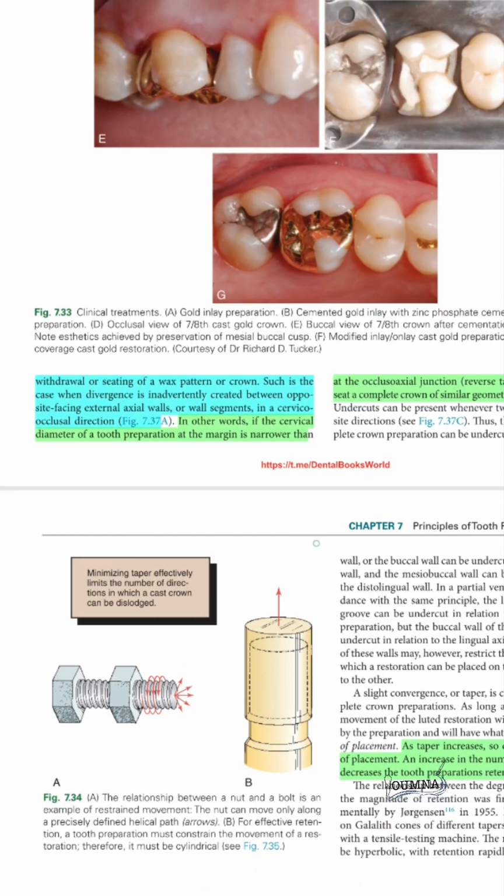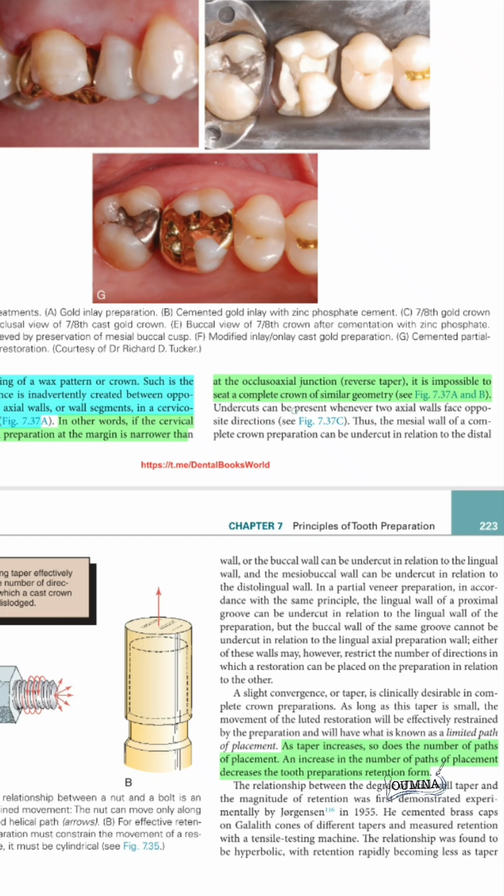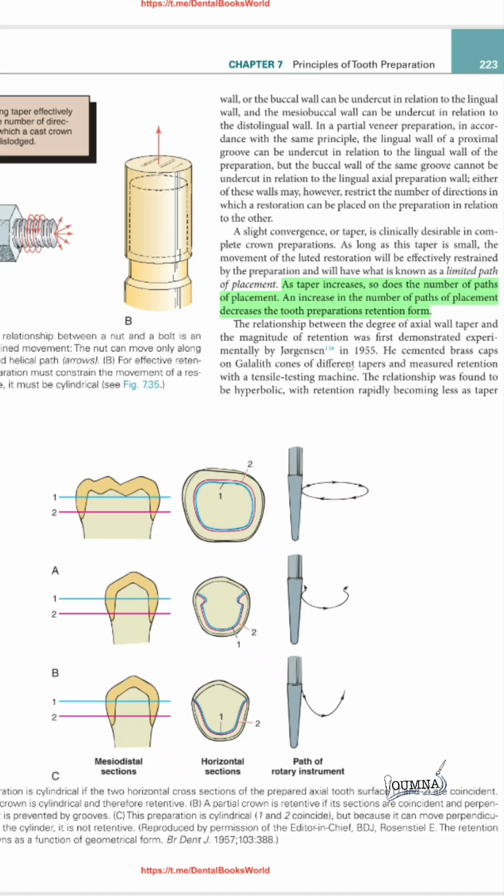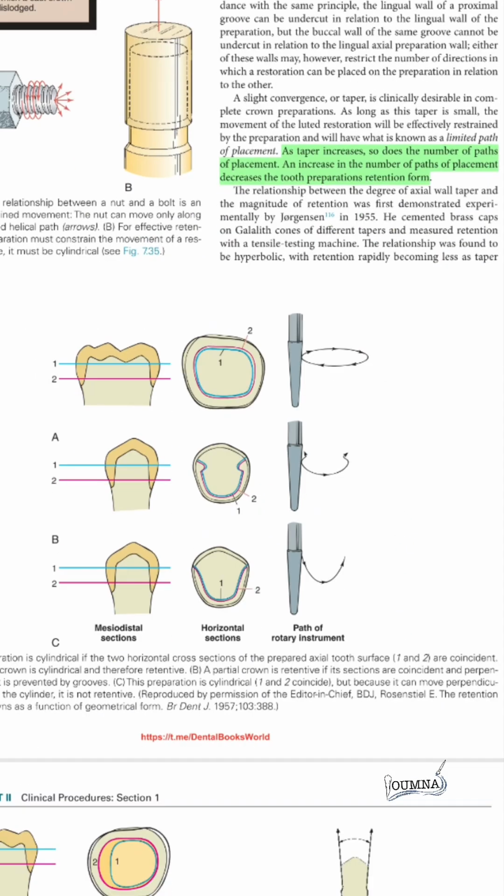When we do an excessive tapering, we risk getting what is called an undercut. An undercut is where we make the cervical diameter of the tooth narrower than the occluso-axial junction. So we get what is called a reverse taper, and it is impossible to seat a complete crown of similar geometry. Increasing the taper more than the normal will decrease the retention form.